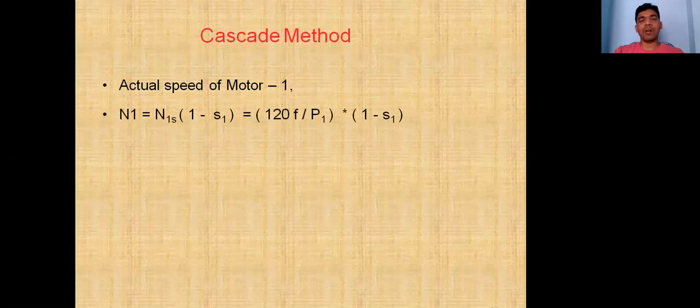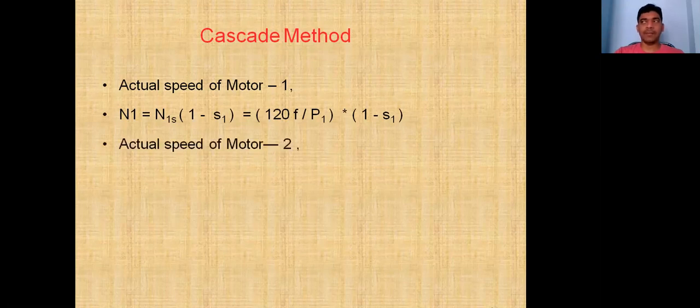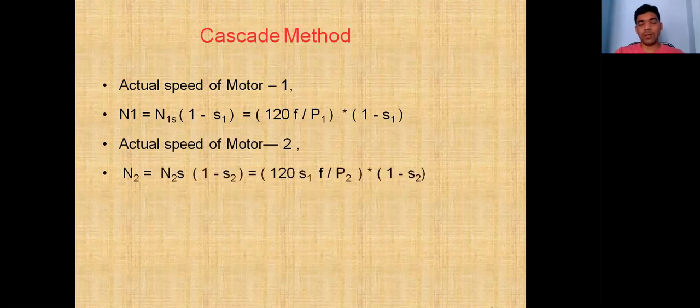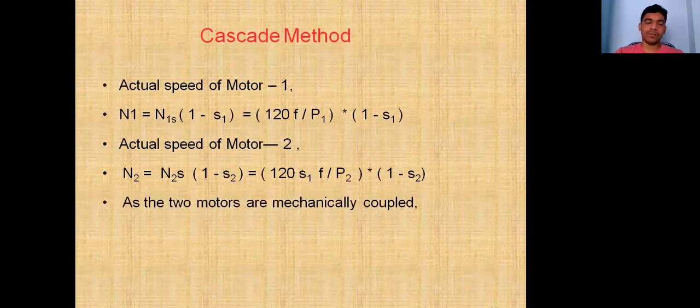Actual speed of motor 1, N1, is equal to N1S into 1 minus S1, that is equal to 120 F by P1 into 1 minus S1. Actual speed of motor 2, N2, is equal to N2S into 1 minus S2, that is equal to 120 S1 F by P2 into 1 minus S2.